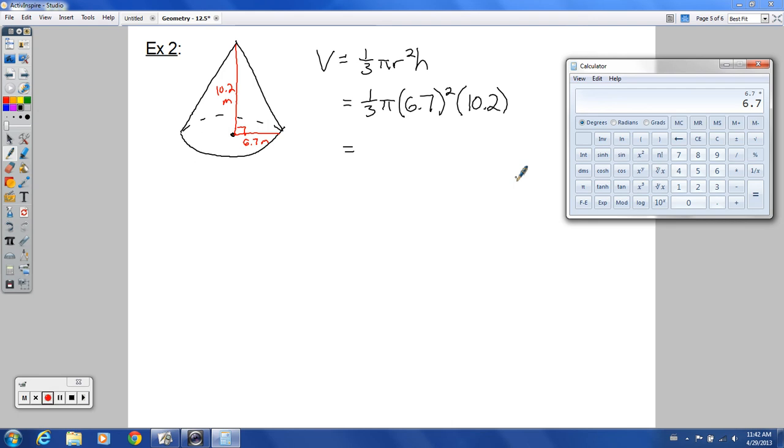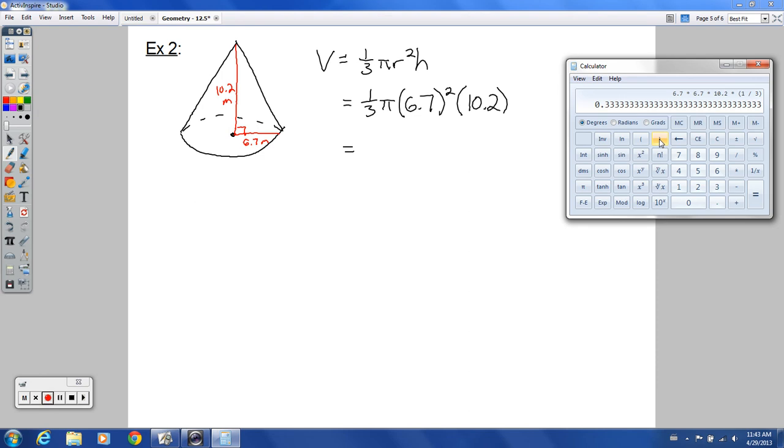That's 6.7 squared times 10.2. We have that times 1/3. I'm going to write that in parentheses here because I want to do 1 divided by 3 first and then multiply. There it is.